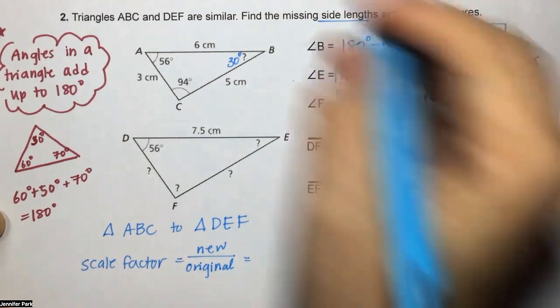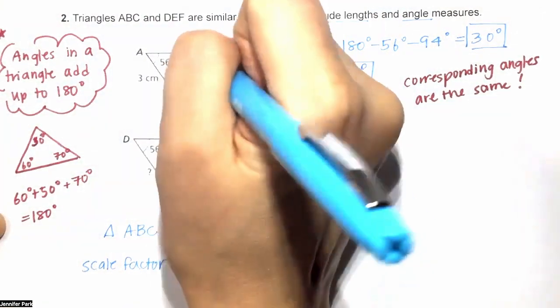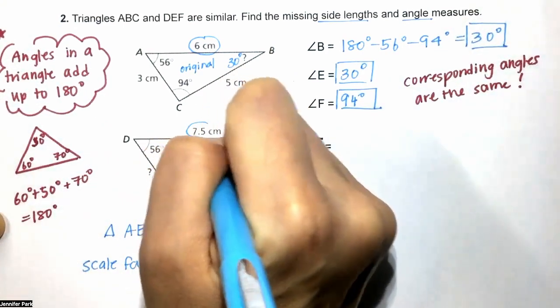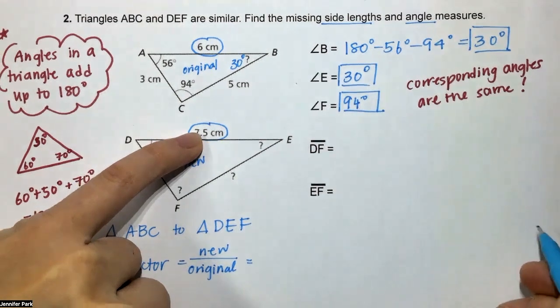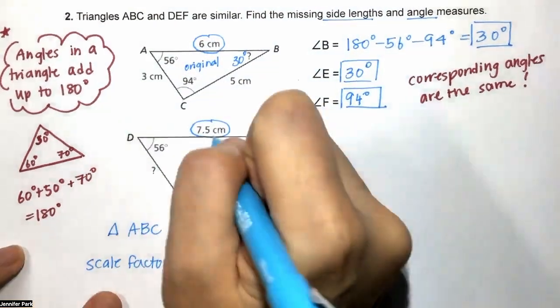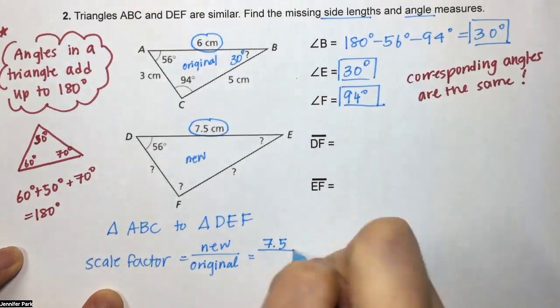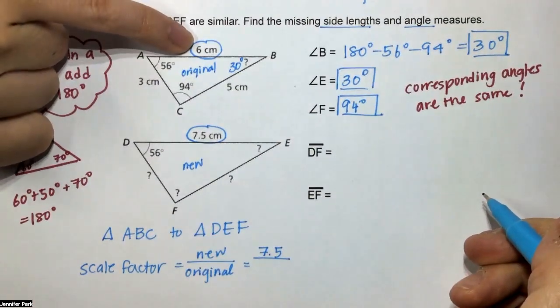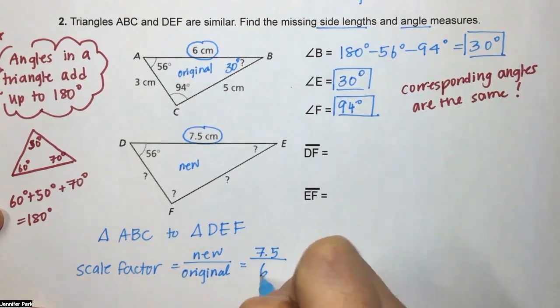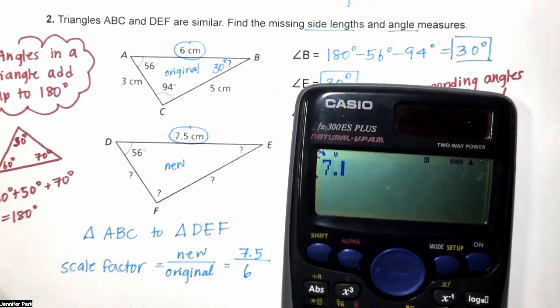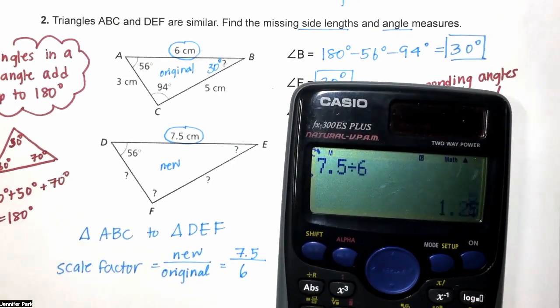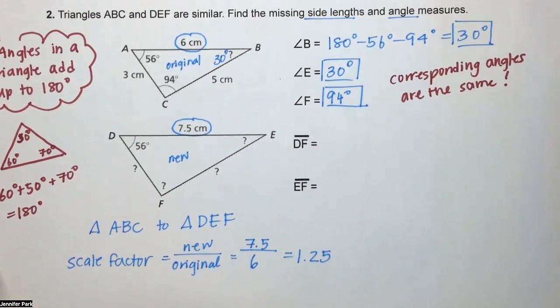So if this is the original and this is new, we're going to use 6 centimeters and 7.5 centimeters. The new triangle has the side that's 7.5 centimeters, and the original triangle has 6 centimeters. We're going to divide that. 7.5 divided by 6. And you should get 1.25 as a scale factor.